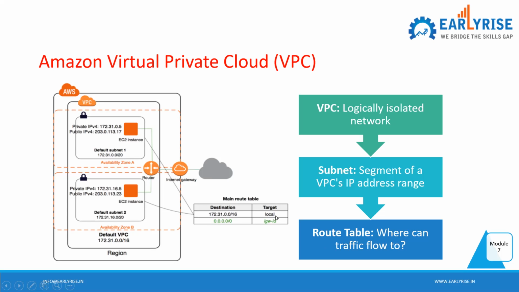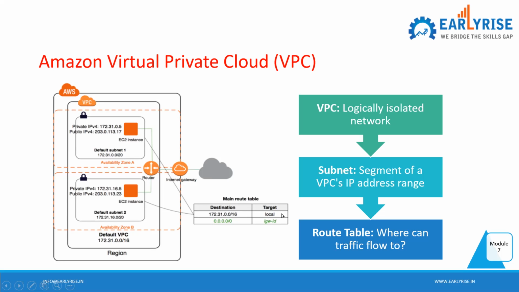Now, what does 0.0.0.0/0 mean here? Internet. Okay, so 0.0.0.0/0 means internet, everything. Anywhere it will go, to the internet it will go. But this will be limited to that particular IP address range.